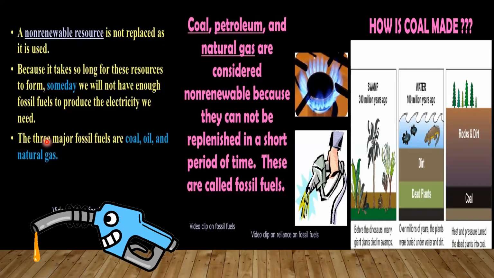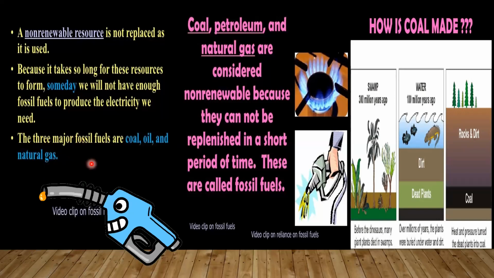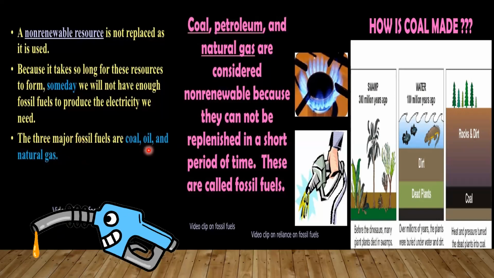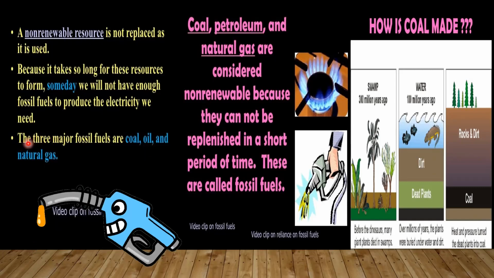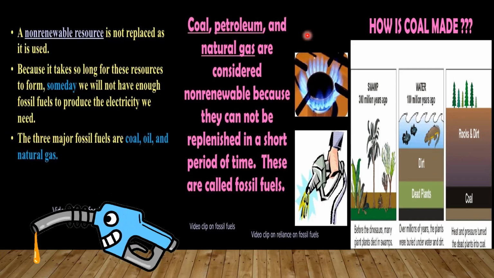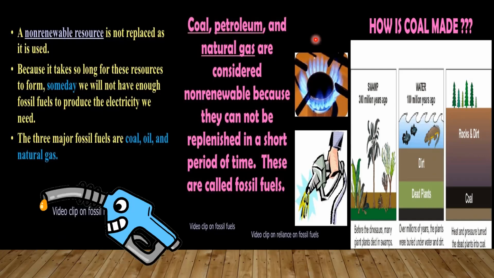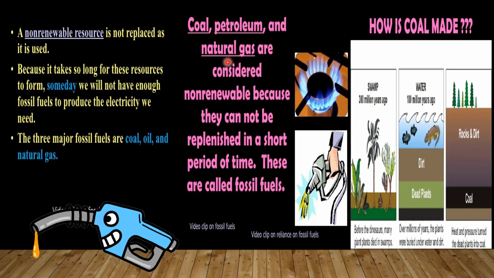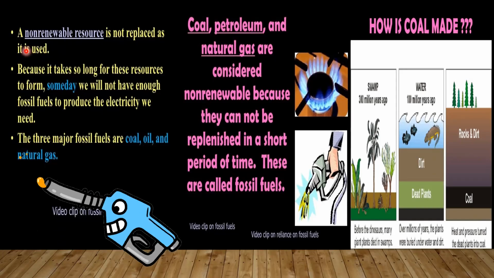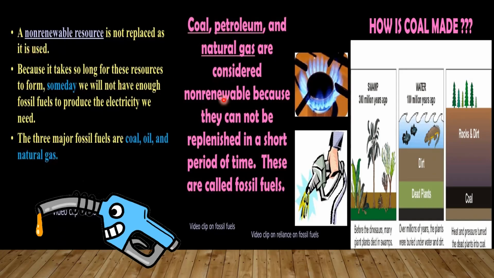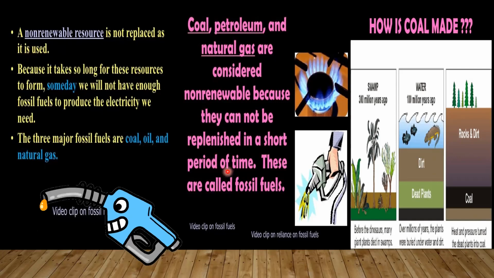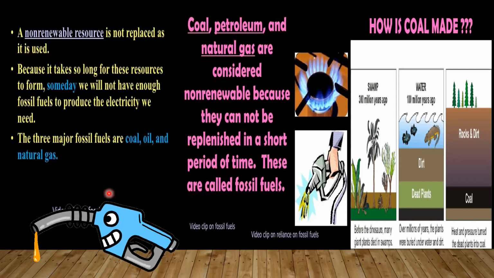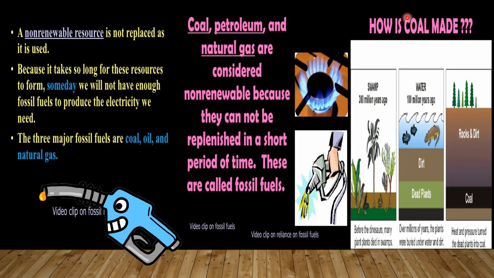The three major fossil fuels are coal, oil, that is crude oil, and natural gas, that is methane. Coal, petroleum, and natural gas are considered non-renewable resources because they cannot be replenished in a short period of time. These are called fossil fuels.